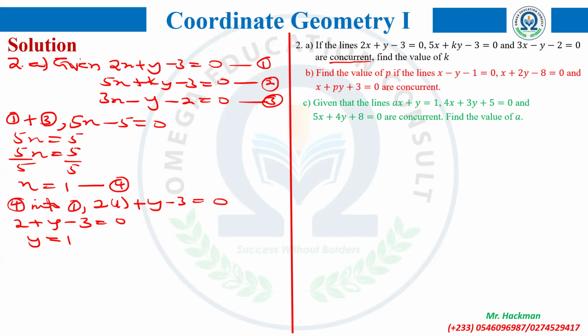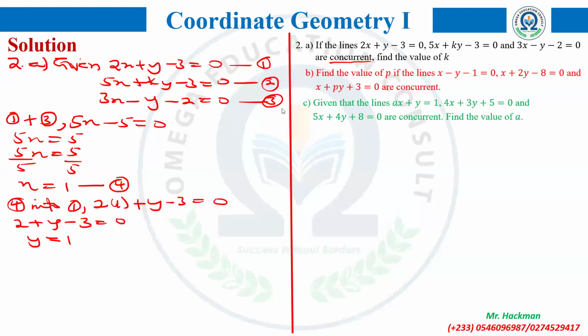So I thought maybe you go straight to the point, like what you were taught. That's what you are supposed to do: you substitute. Take note. Remember, we are saying that the point of intersection of this one should be the same as the point of intersection of any pair, meaning these three lines are concurrent.